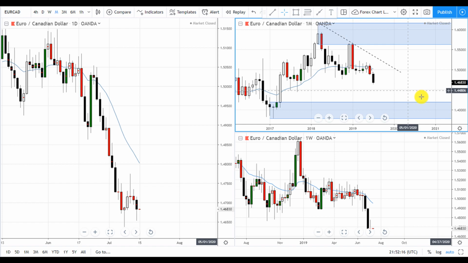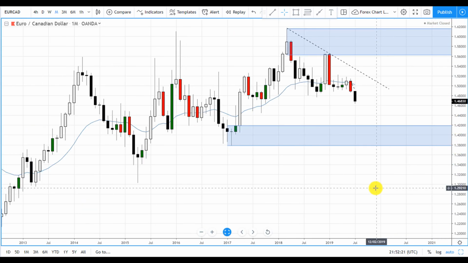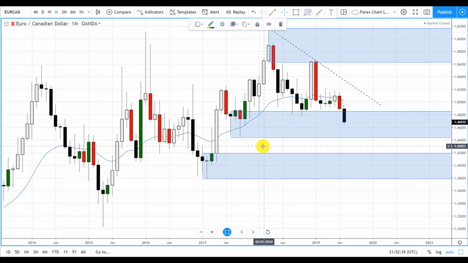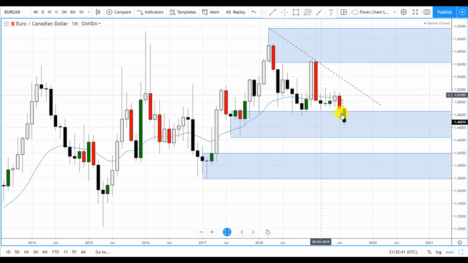I'm going to take a look at the monthly chart first, my highest time frame chart, and you can see that price has been making an upward move, and then in 2018 prices went strongly down, but then there's a demand zone right here, and then price is within this demand zone.